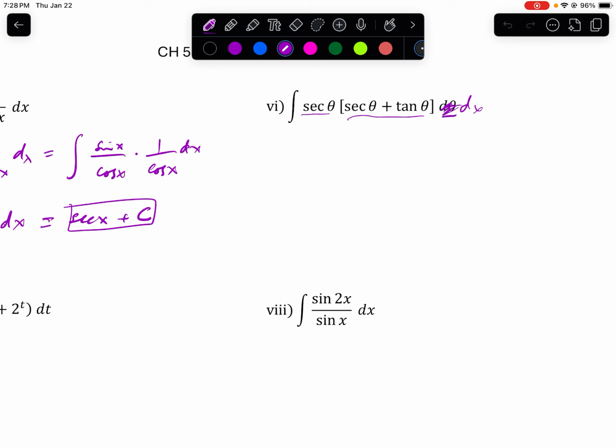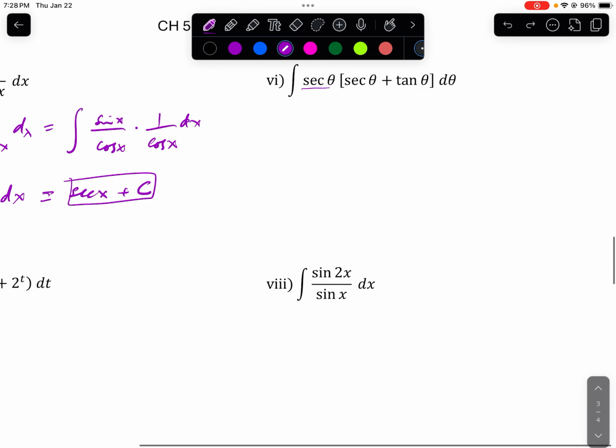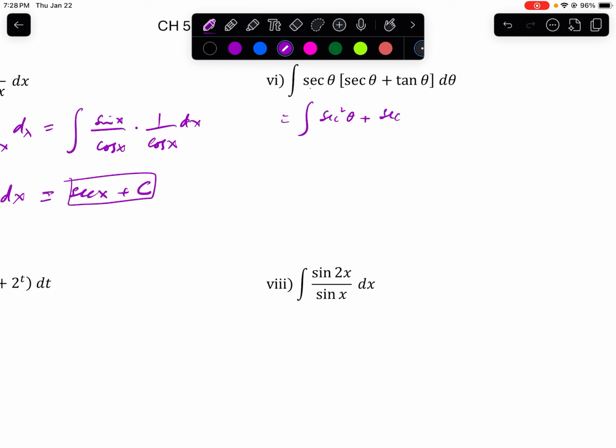So keeping it the same way with the theta, what can we do? Since this is a product and we don't know the product rule yet for integration, what will we do? Distribute. If you distribute, you get secant theta times secant theta, which is secant square theta, plus secant theta times tangent theta, d theta.